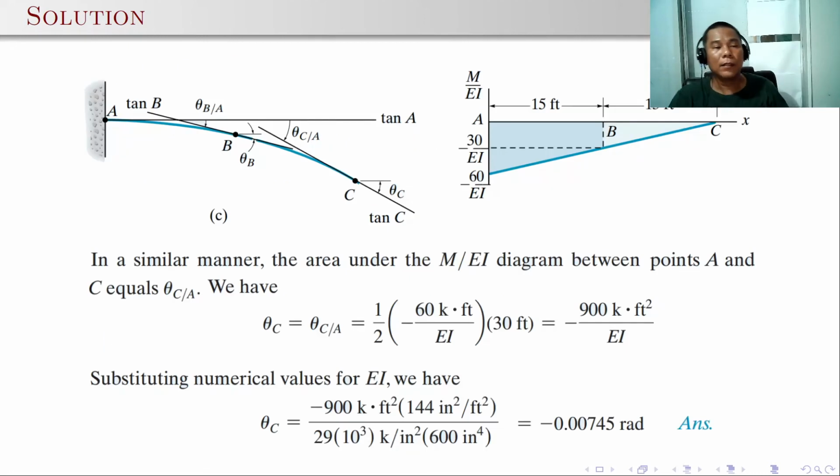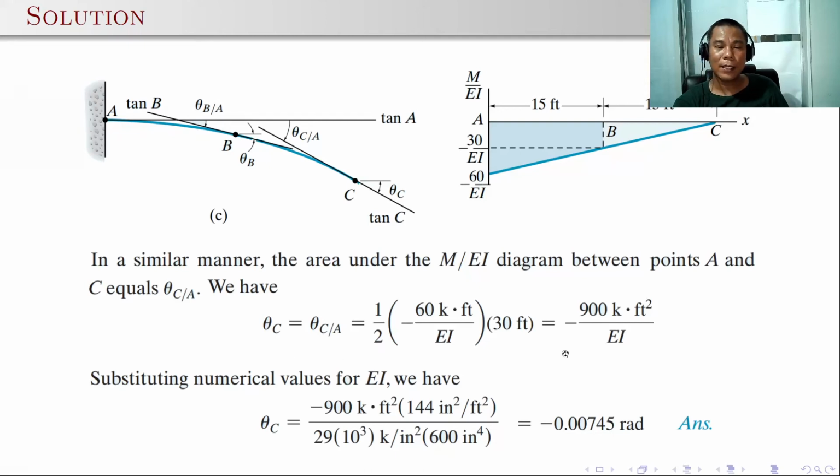The other one is theta C, which is equal to theta C with respect to A. So the area of the whole M over EI diagram should be equal to theta C with respect to A, which is a triangle: 1/2 of the height, minus 60 over EI, times the length of 30 feet.